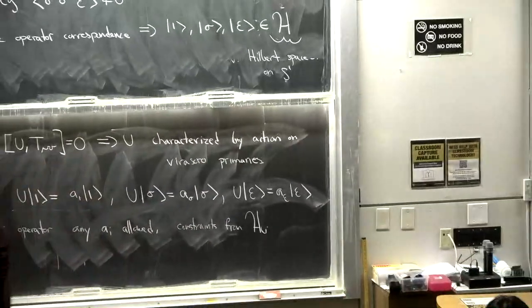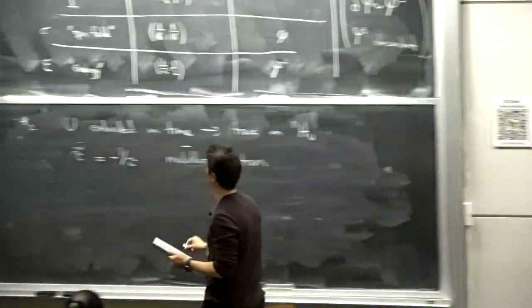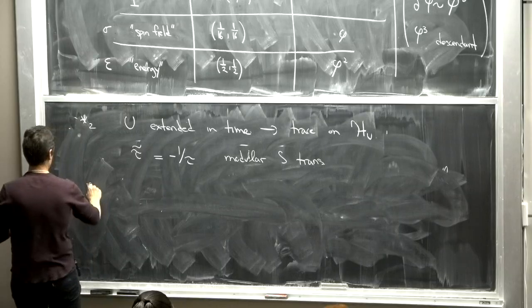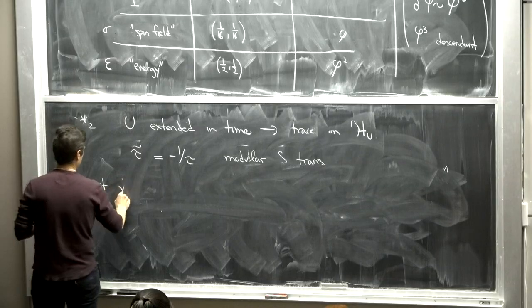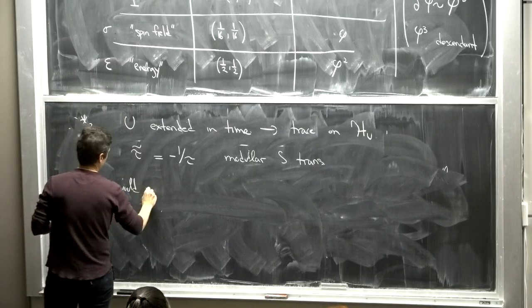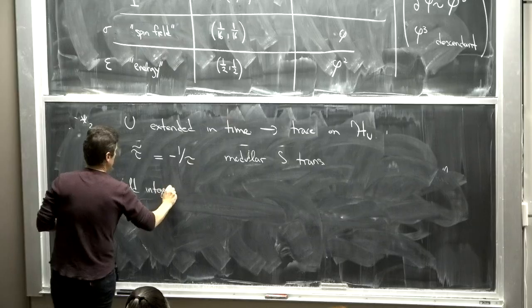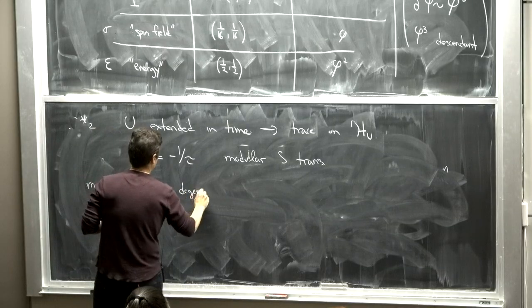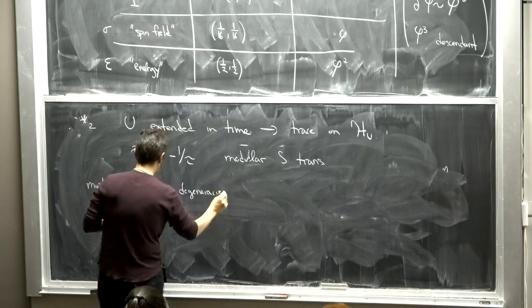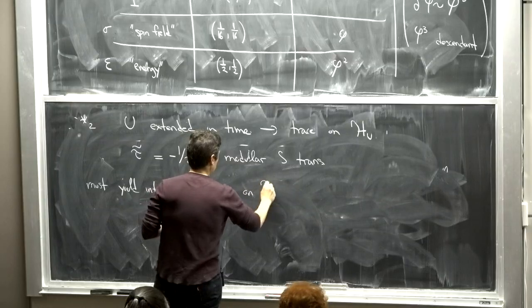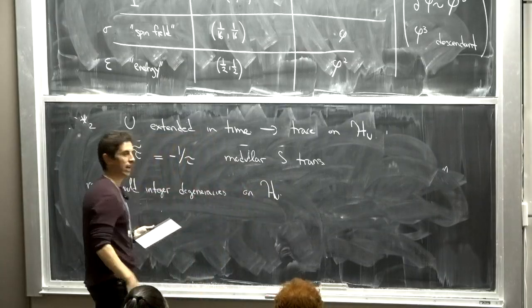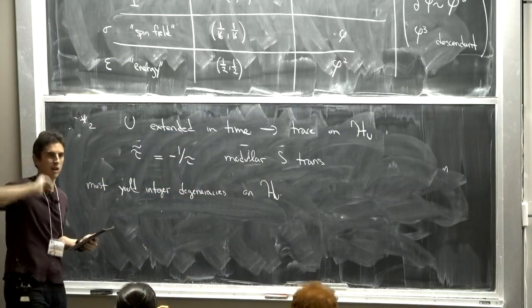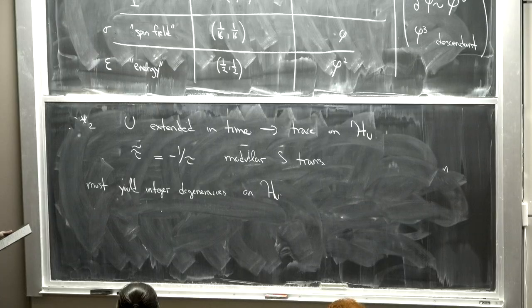This must yield integer degeneracies on H_u. At each energy level, in each spin, we have to have integer degeneracies.